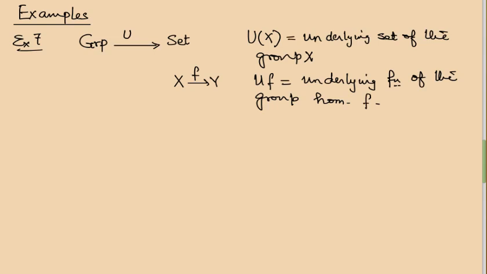This is an underlying set, or we often say we forget the group structure and hence we give it the name the forgetful functor.